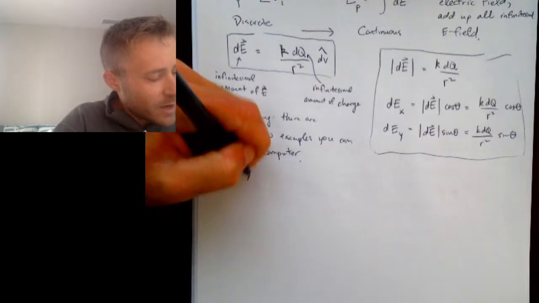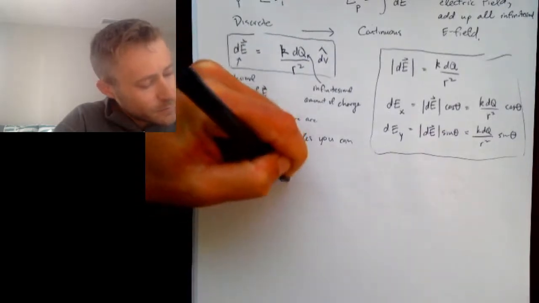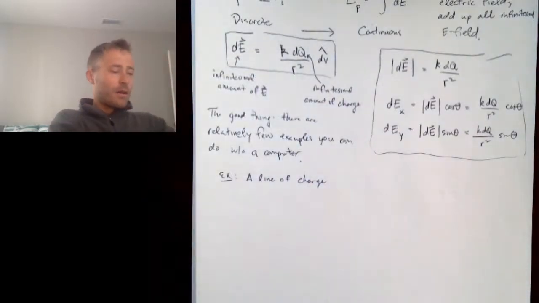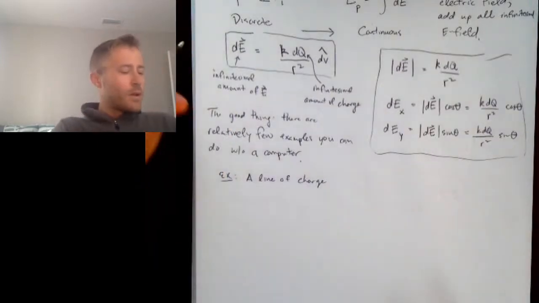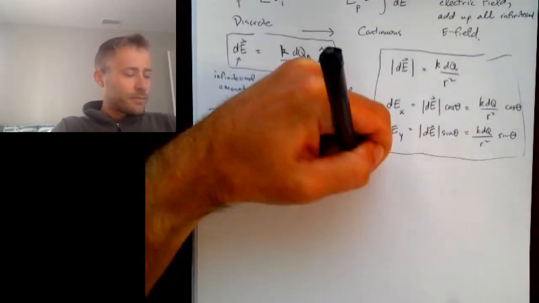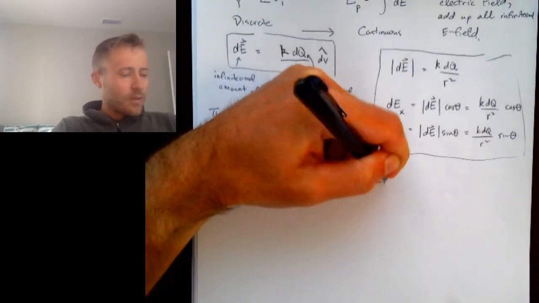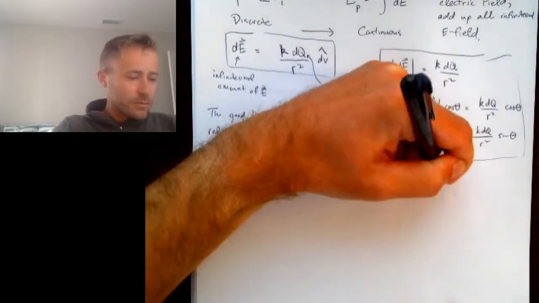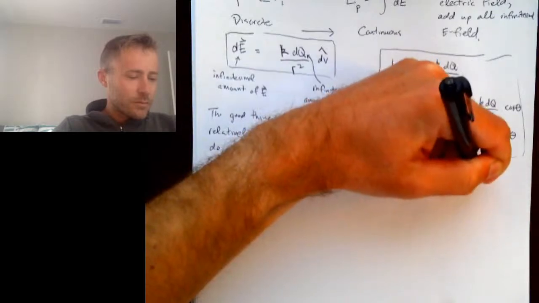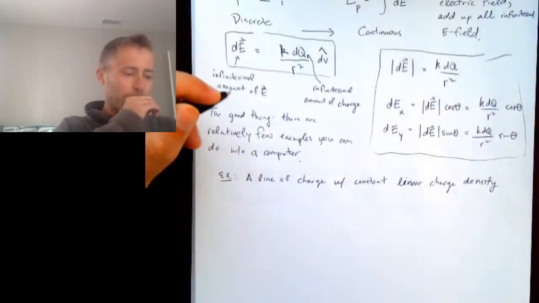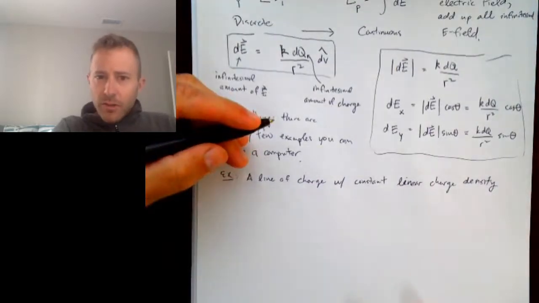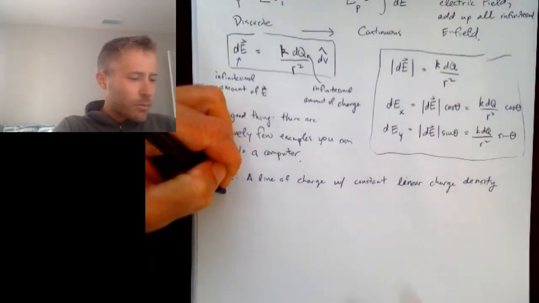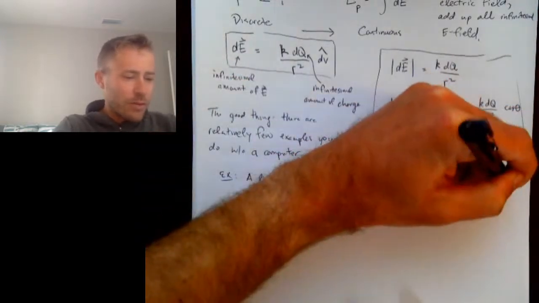We're going to do a line of charge with a constant linear charge density, which we will call lambda.